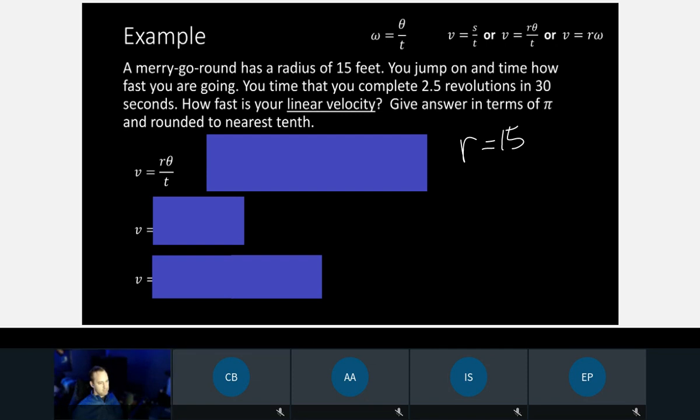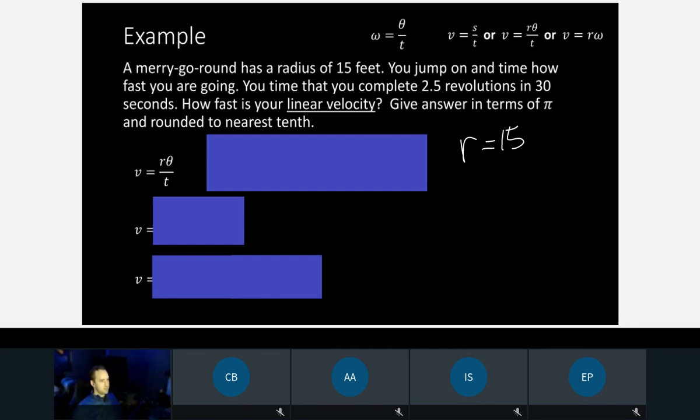One revolution is 2 pi. Okay. Yep. So time is 30 seconds. Radius is 15. So what about theta?